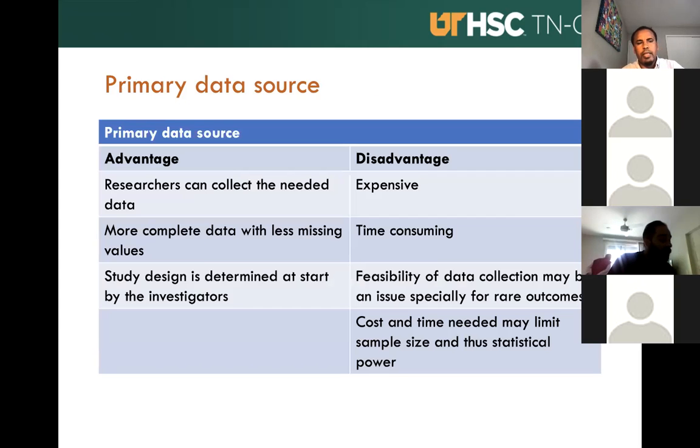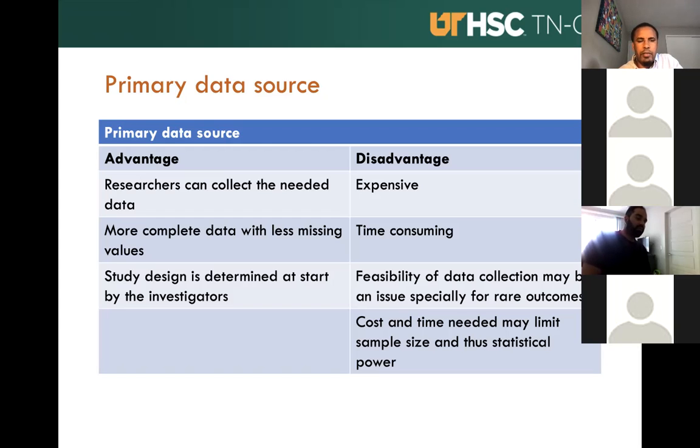So let's take a look at the advantages and disadvantages of both sources of data. Looking at the primary data source first, the advantage is that the researchers can collect the needed data. There is no issue with covariates, the variables that you want to control in your analysis, because you are actively collecting the data, so you can include all the variables in your planning and collect on them from your participants.